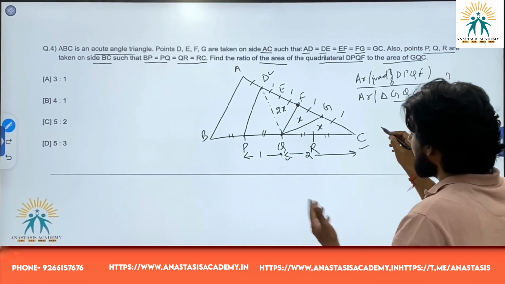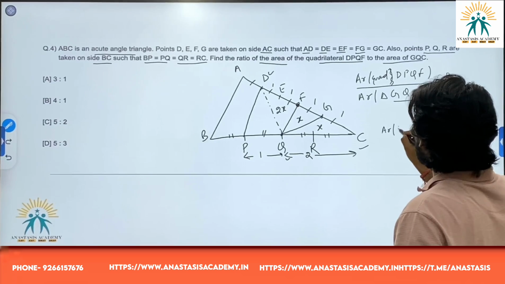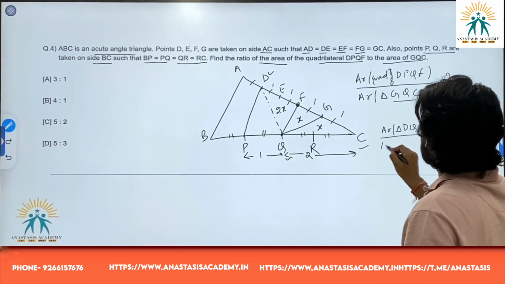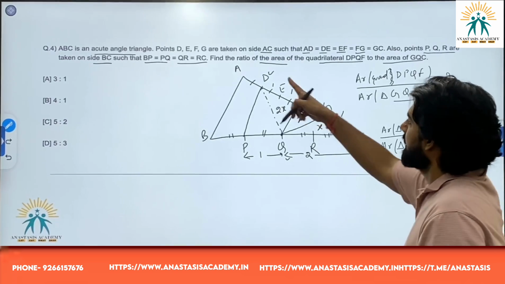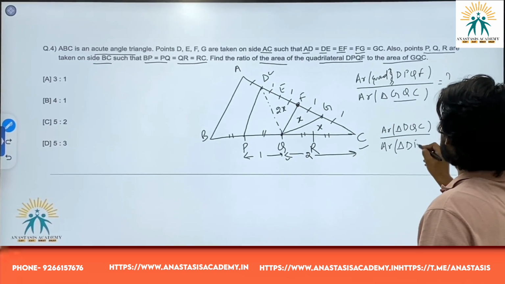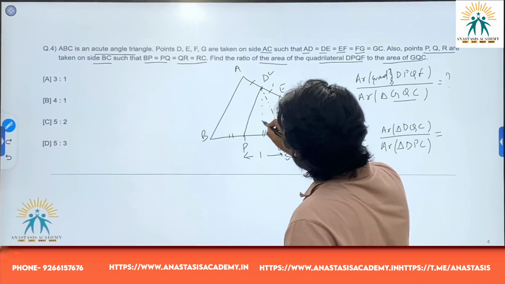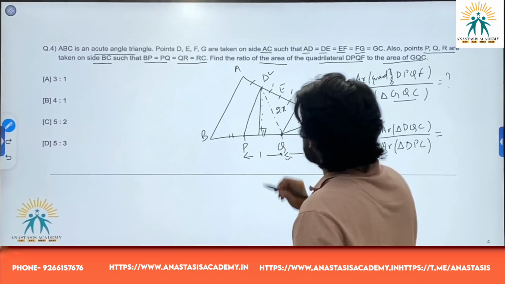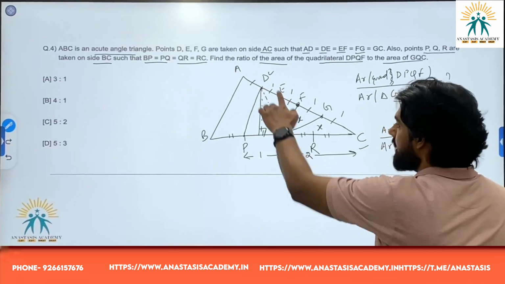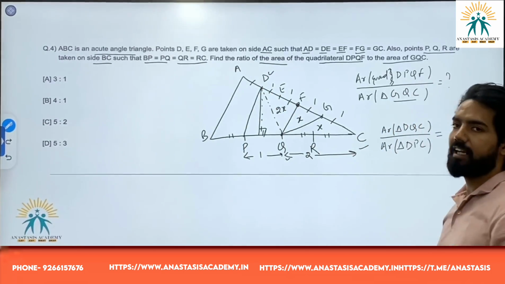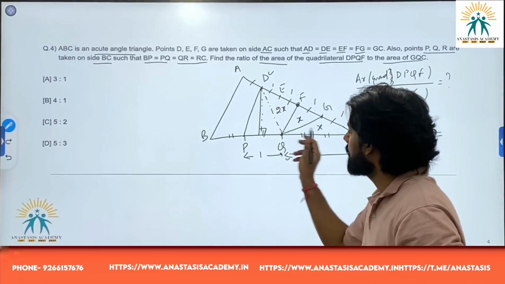Let's just draw the height. If this is the height for DQC, this is the same height for DPC triangle because these two triangles are on the same base.